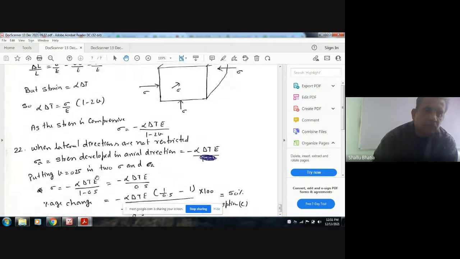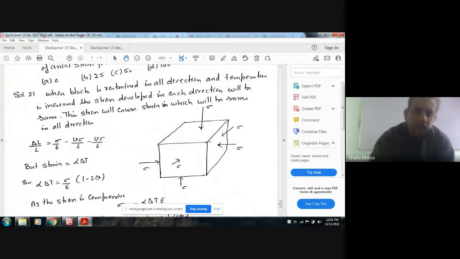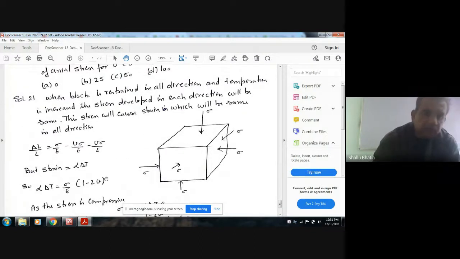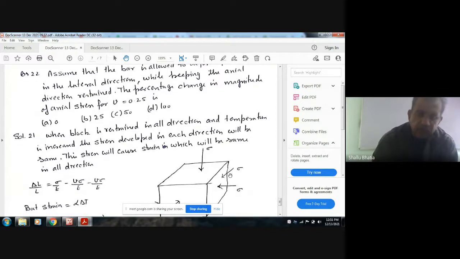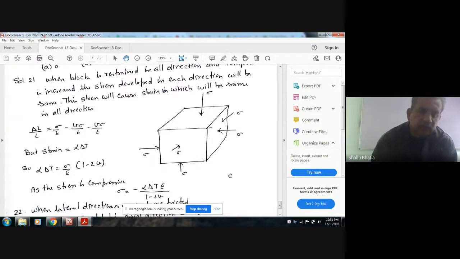Now in question number 22, it is given that lateral directions are not restrained. So it means on these surfaces there is no restriction; we can expand freely.